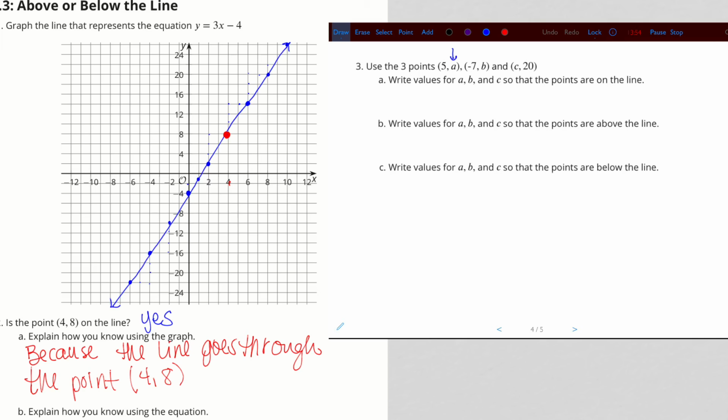Here, let's do this in green. So we're going to do A in green. We're going to go over to the 5 and then go up to here. What is the value for A that is on the line?